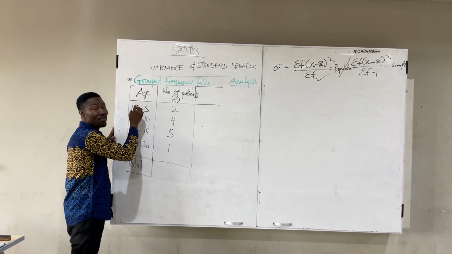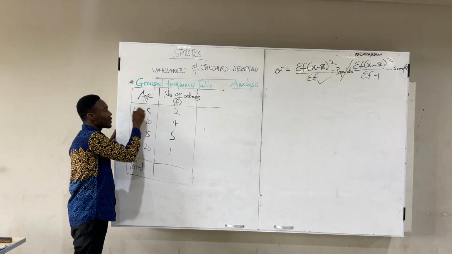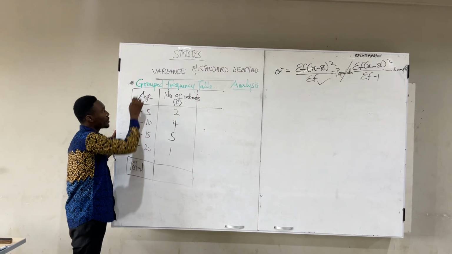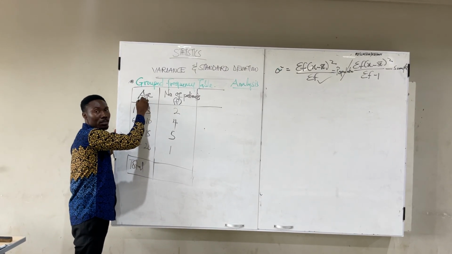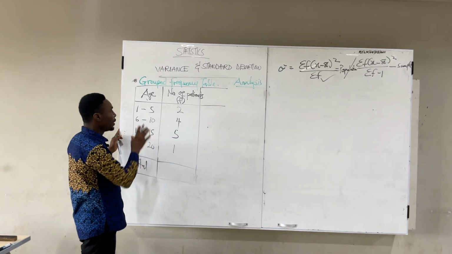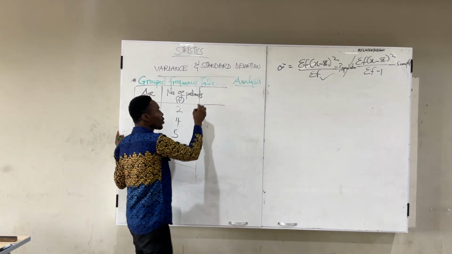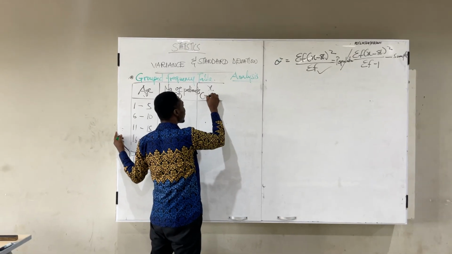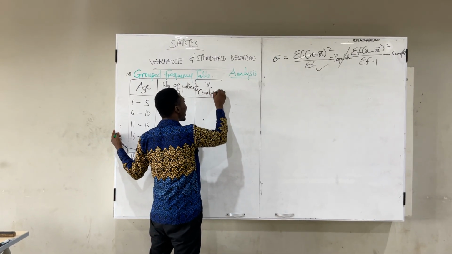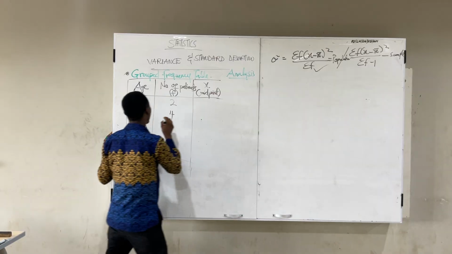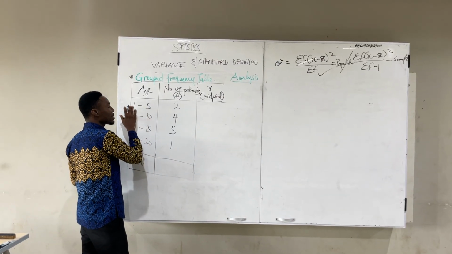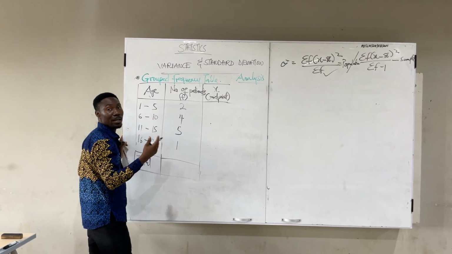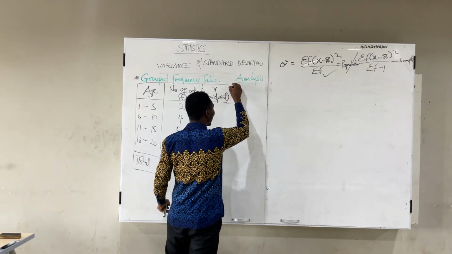Because we don't have x over here. Because it's class, there are class limits. It's a group frequency, so there is no x column. So you need the x column, which in this kind of table is what we call the midpoint column, or class midpoint. The class midpoint is equal to the upper class limit plus the lower class limit divided by 2.